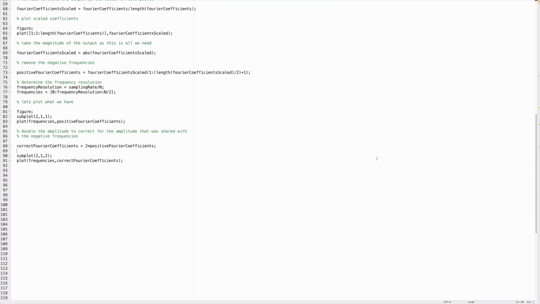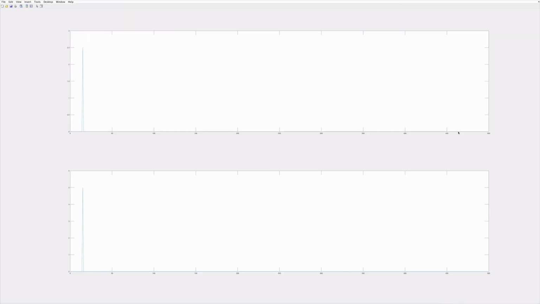Let's do that with code. So, like I said, we can just literally double the amplitude of the positive Fourier coefficients to correct for what was lost to the negative frequencies. Let's plot and take a look. And what you'll see now is our amplitude of 5 is exactly the same amplitude as the input sine wave. So we have got the correct output.